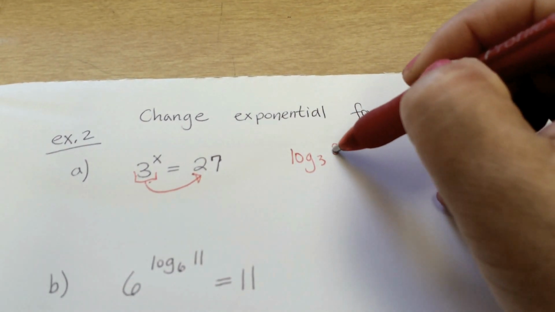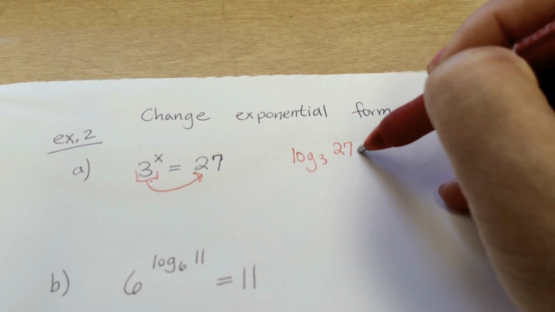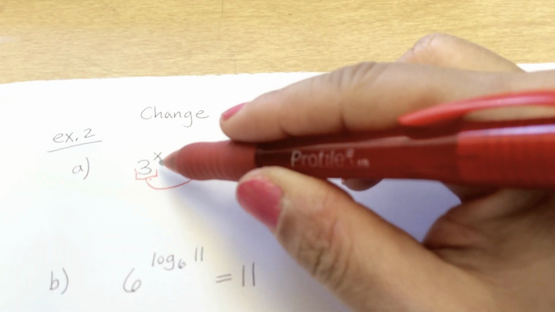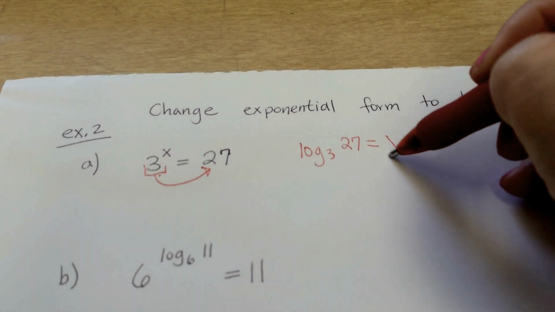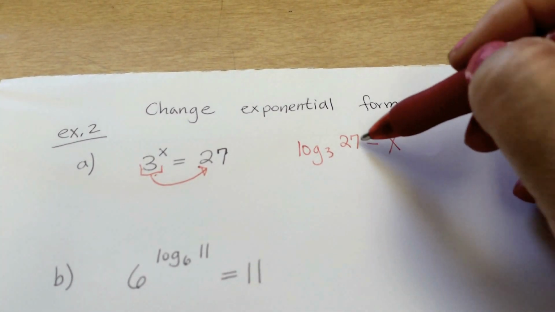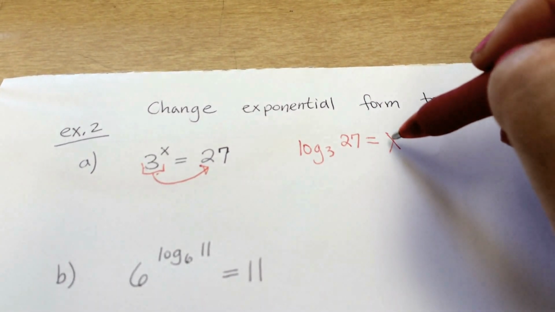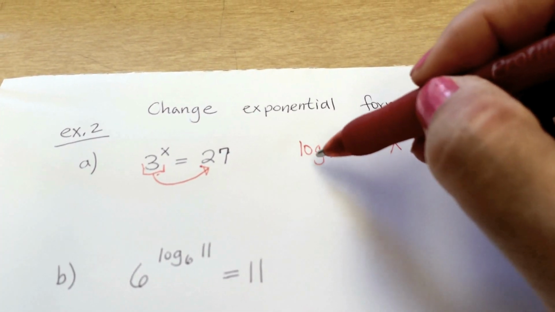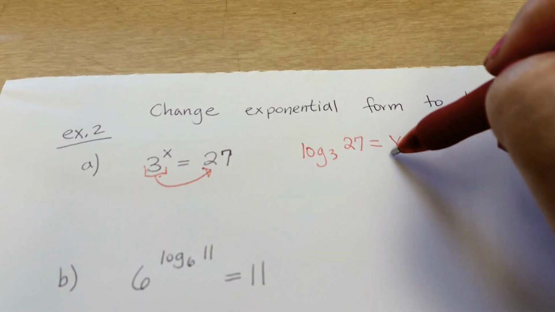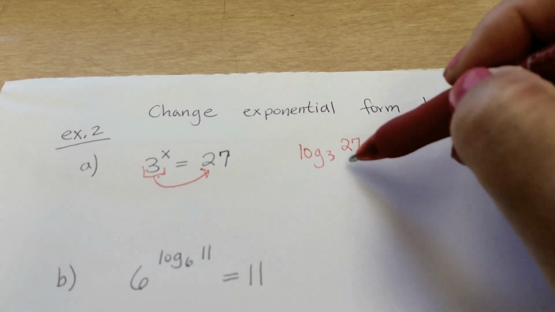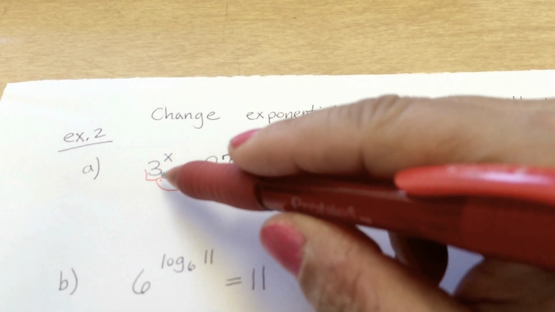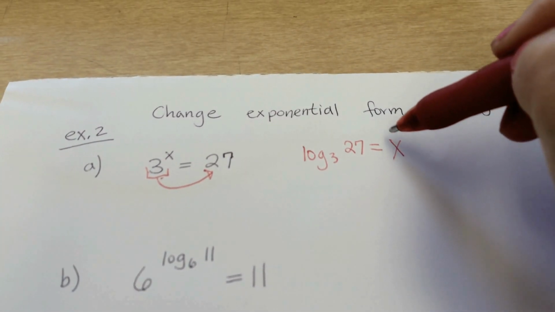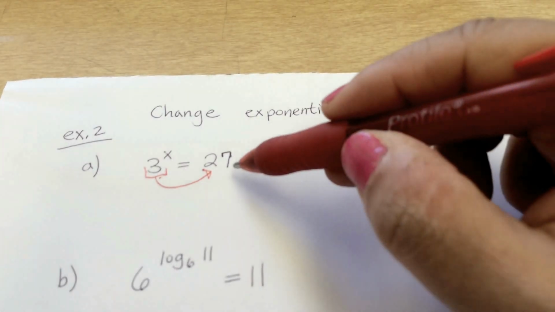The 27 just gets pushed over to the side, is equal to, now this x drops down from being an exponent and becomes a big X. Okay, so this is now the logarithmic form. And again, I can always check my work by bringing this log base 3 over to the other side of the equal sign. This 3 becomes a large 3, that base. X gets pushed up, and then 27 is by itself.